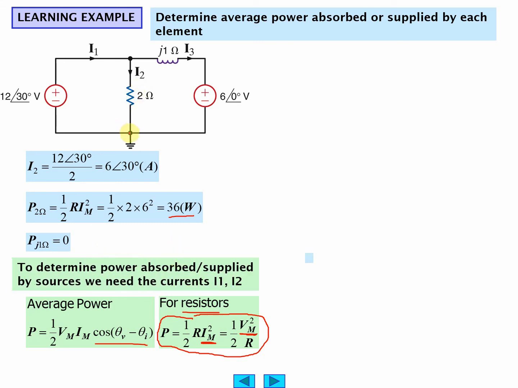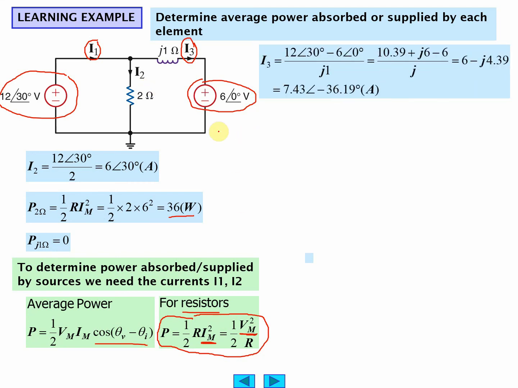So to get how much this power supply is absorbing or supplying and this power supply is absorbing or supplying, we need to know I3. And we need to know I1. We got I2. I2 is just this voltage divided by 2. But we don't know I1.